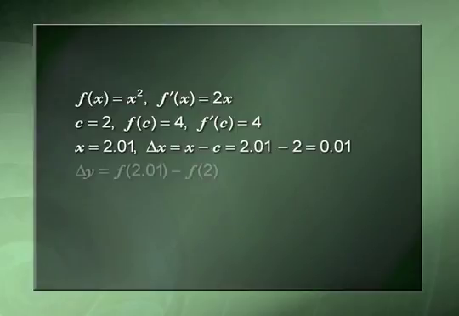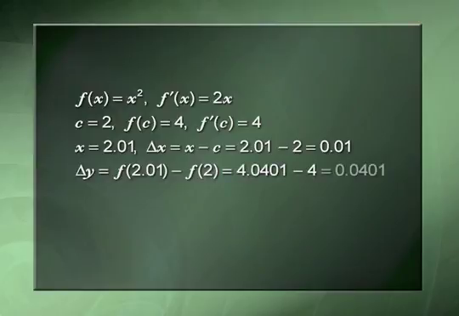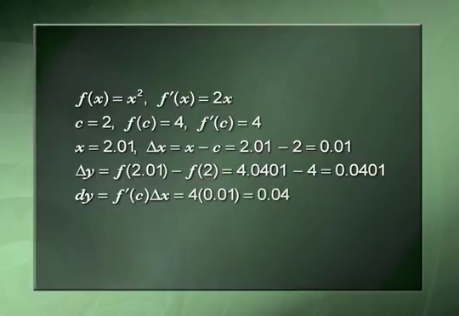What's delta y? That would be f of 2.01 minus f of 2. And if you plug that in, you get 4.0401 minus 4, which equals 0.0401. Now, what's dy? dy is the derivative at 2 times dx. So that's 4 times 0.01, and that's just 0.04.